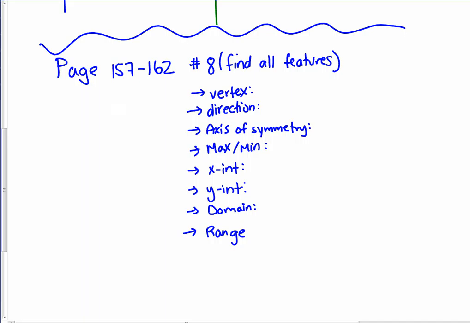And last, domain. What's the domain of this function? Anyone remember? x is an element of what? The reals. Keep it real. Range: y is not an element of the reals because it has a minimum. y is greater than or equal to the lowest y value, negative 4.